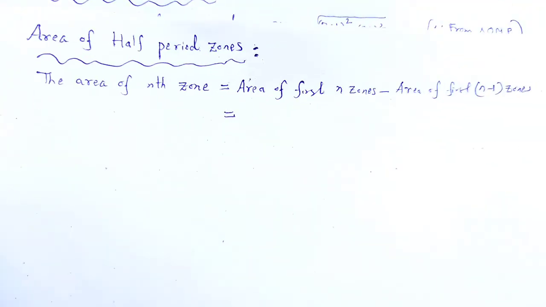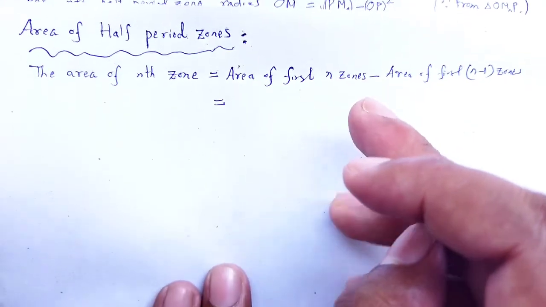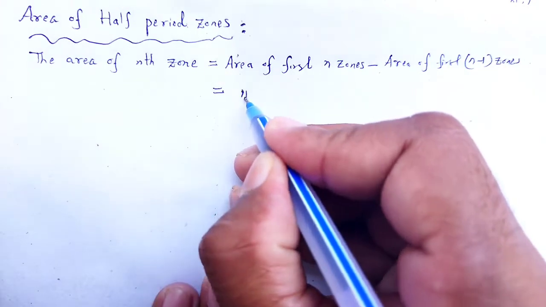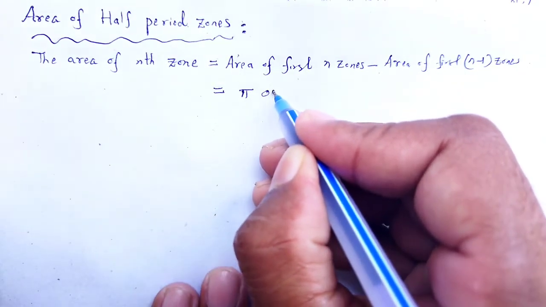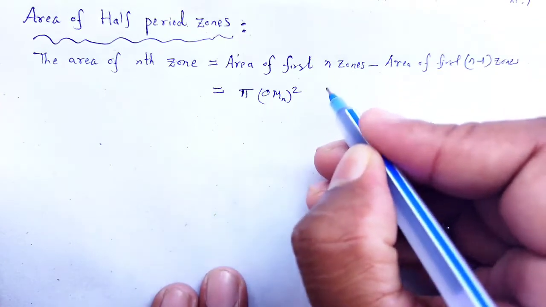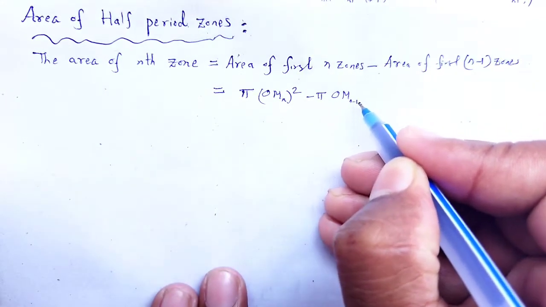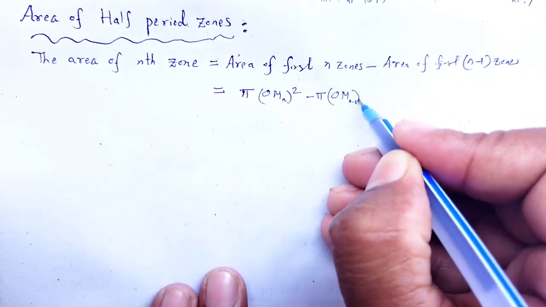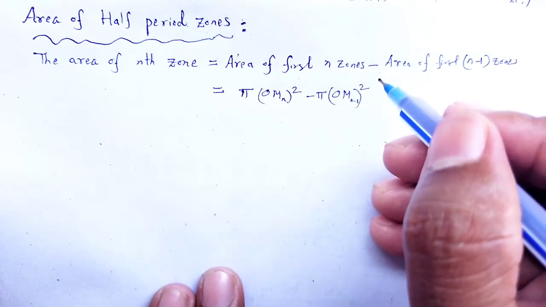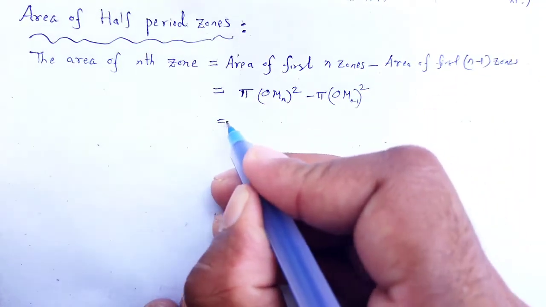So, putting these values of areas, for the nth zone we have pi OMn square, its radius, minus pi OM(n minus 1) square. OM(n minus 1) is the radius of n minus 1 half period zone.